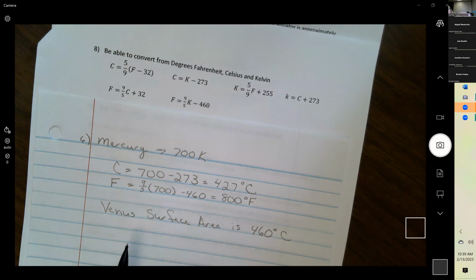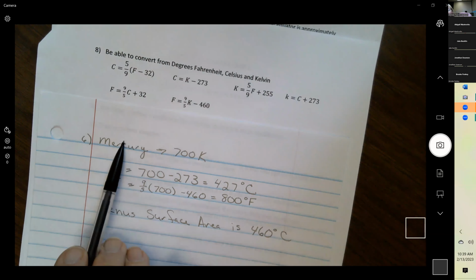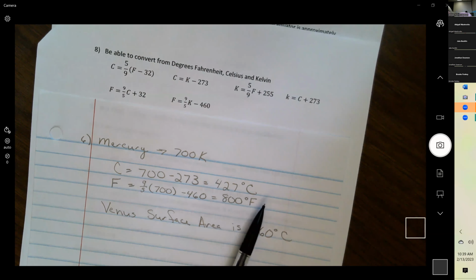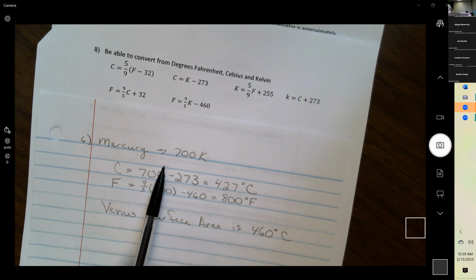If we know that Venus's surface area is 460 degrees Celsius, and we wanted to see which one was hotter, even though Mercury is closer to the sun, its surface area is not as high as Venus because Mercury is so much smaller.